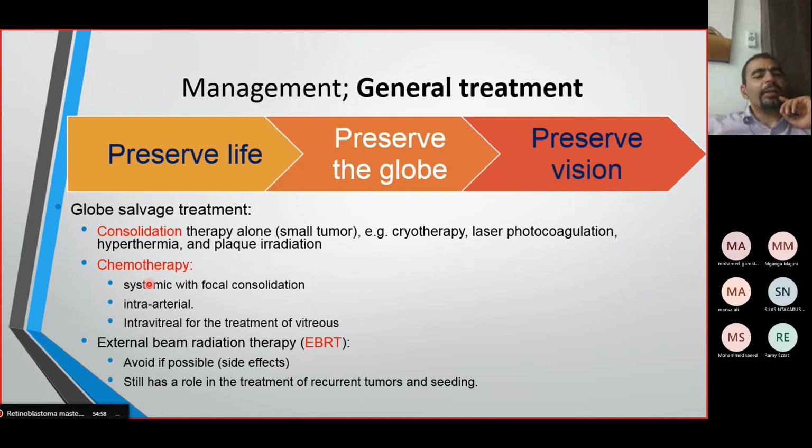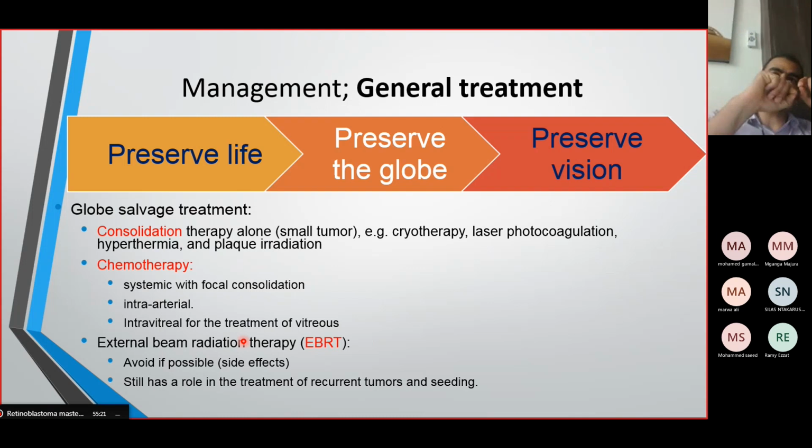tissues. In patients with larger tumor, we may need to do the chemotherapy as a preparation before doing the consolidation. It can be given either intravenous, or recently we give it intraarterial, as we will see later on, or intravitreal injection, but we need to do what we call the anti-reflux technique.